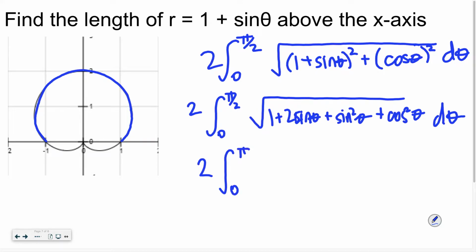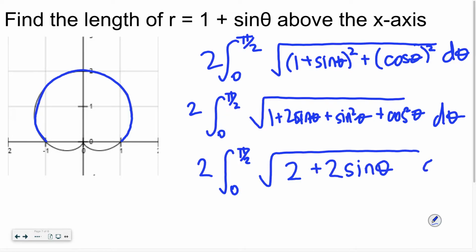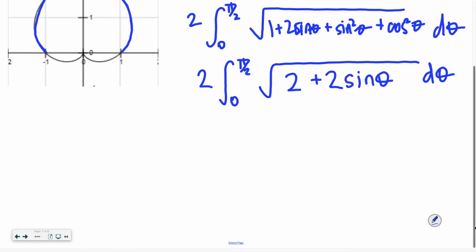So we have 2 plus 2 sine theta. You can factor out the 2. Now we have to deal with the radical. This might not be bad. We can factor out radical 2.